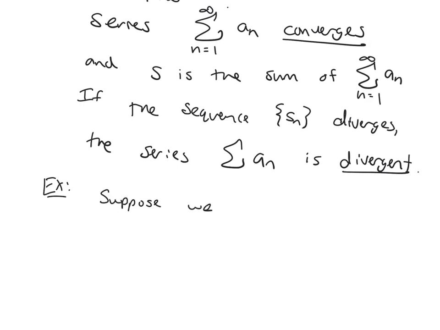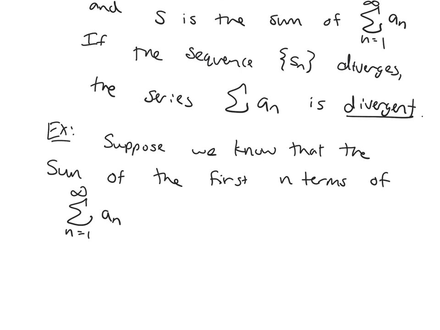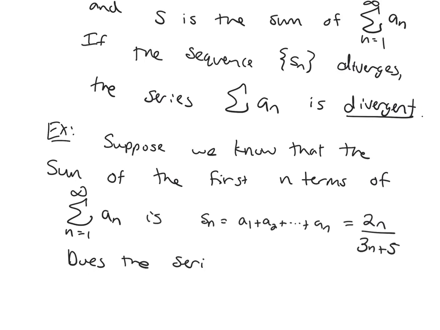Suppose we know that the sum of the first n terms of the series a sub n, which is S sub n, a1 plus a2 through an, is 2n over 3n plus 5. Does the series converge or diverge?